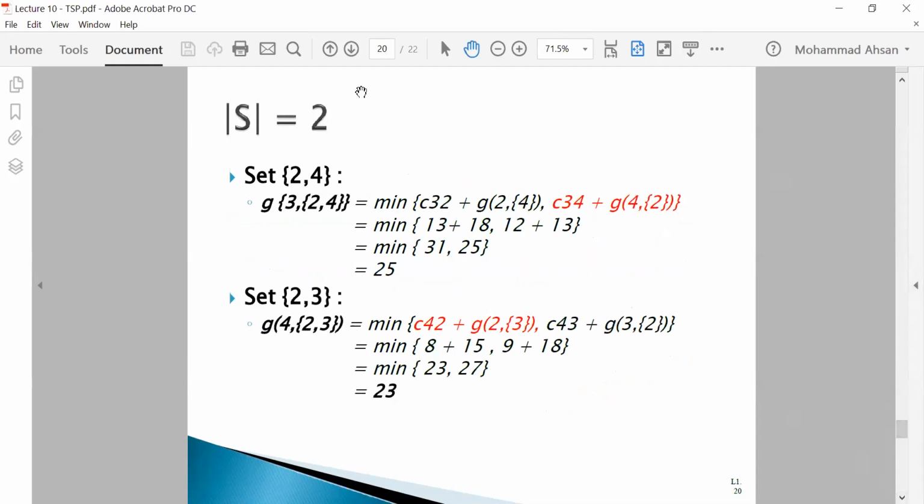What if the intermediate node set was 2 and 4? Then what is the left out vertex? That is 3. That means you could be at 3, and now you have a choice of going from 3 to 2 or 3 to 4.